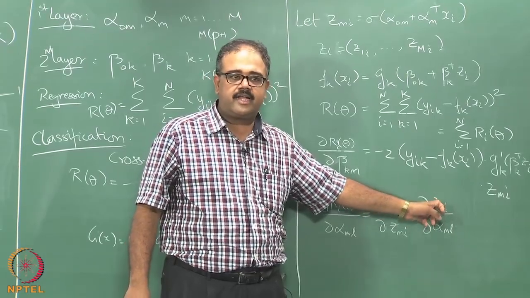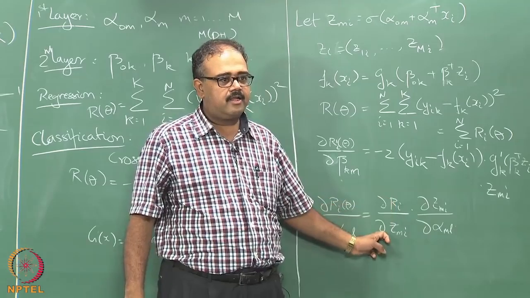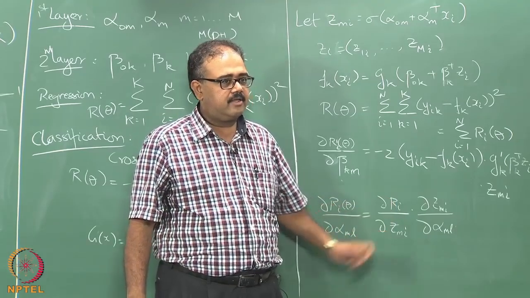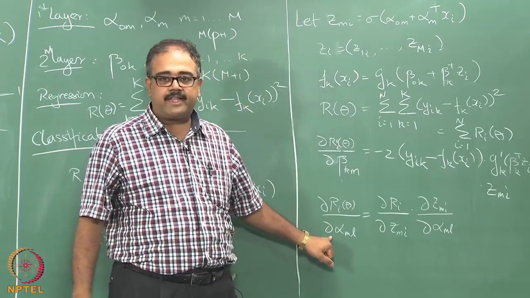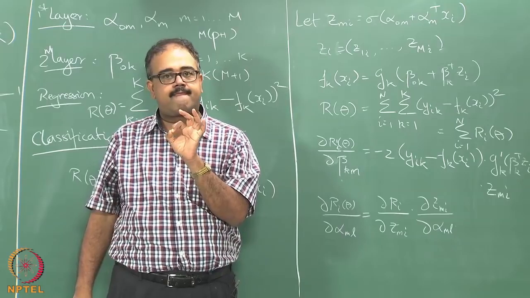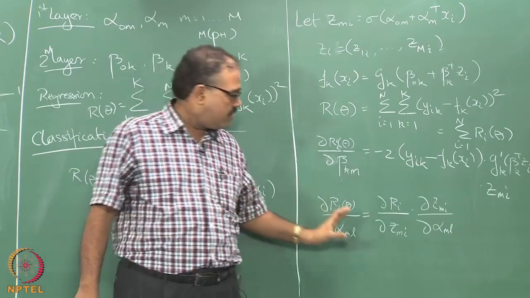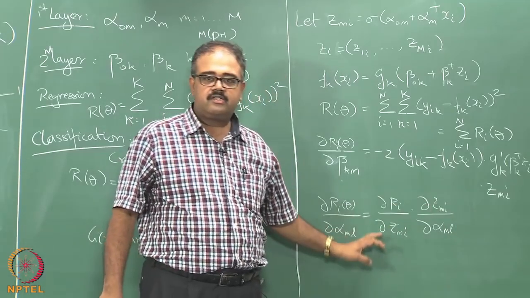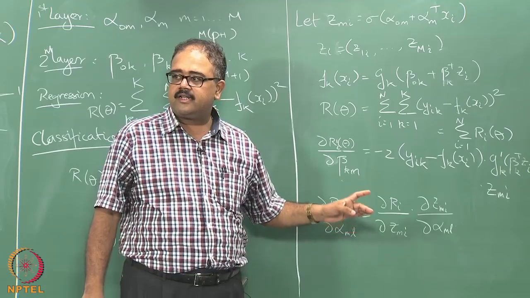I am going to take dou z_m by dou alpha_ml and dou R_i by dou z_m. One thing to note is that alpha_ml is going to affect the output only of z_m, so I just need to chain through z_m. Is it clear?